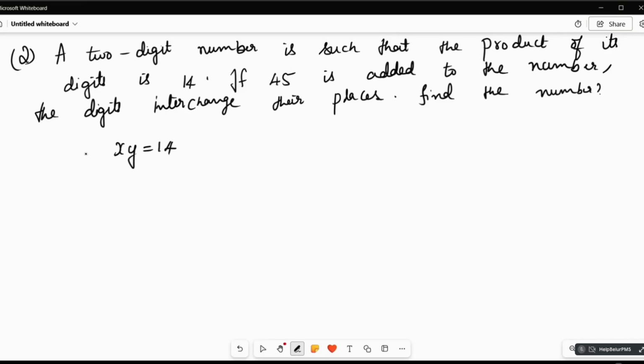Repeat, y minus x is equal to 5. Okay. 45 is added to the number. The number will be 10x plus y. If you add 45 to it, the digits will interchange.